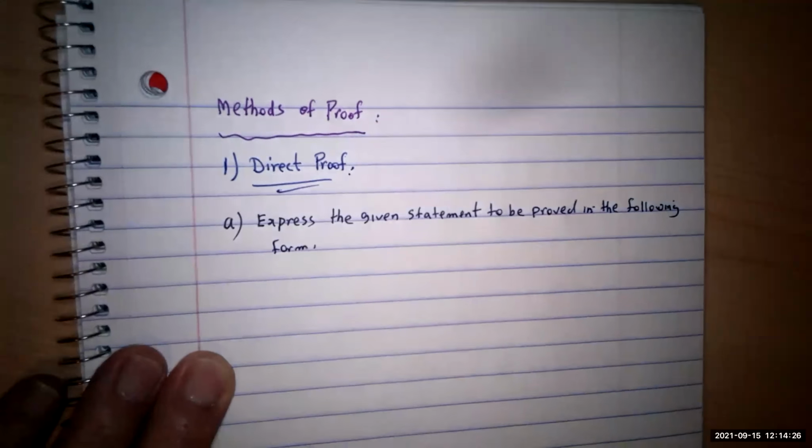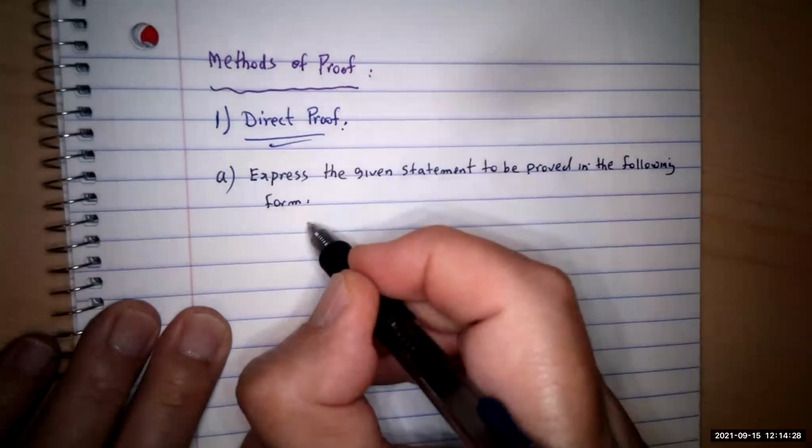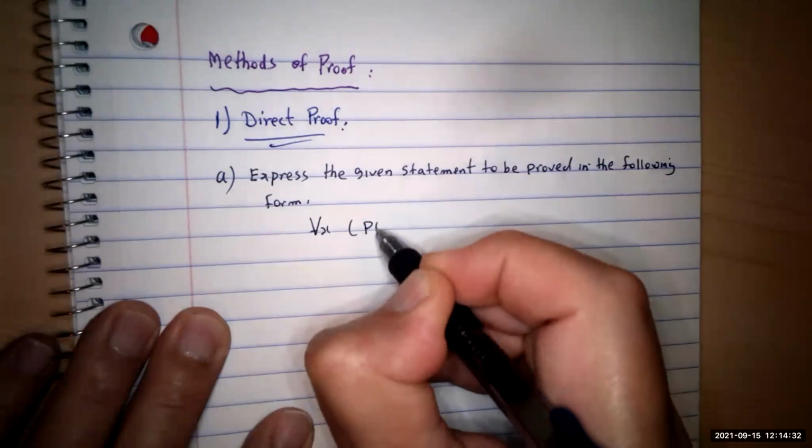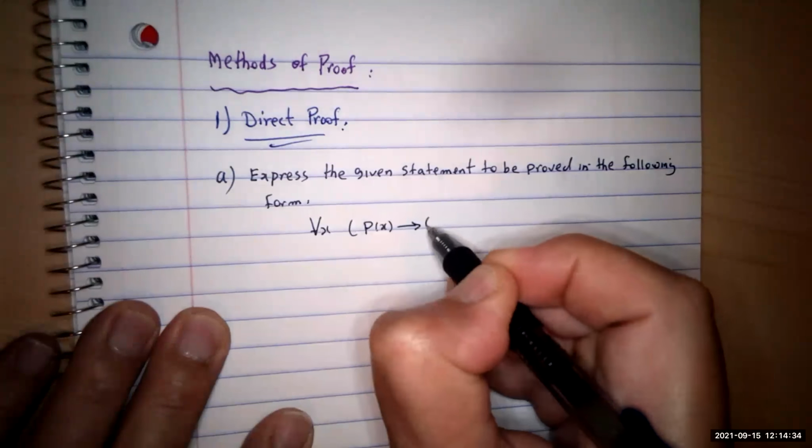What's the form? It's just an implication. You want to prove that for all x, p(x) implies q(x). That's it.